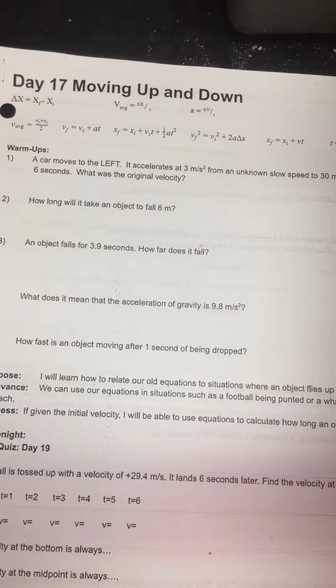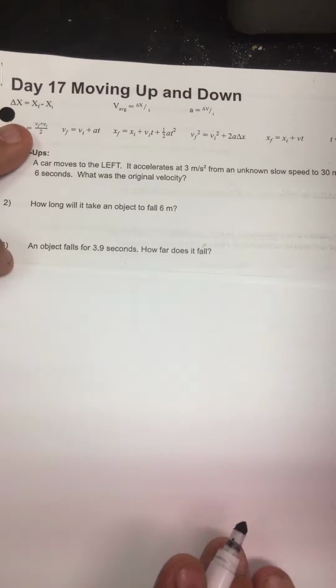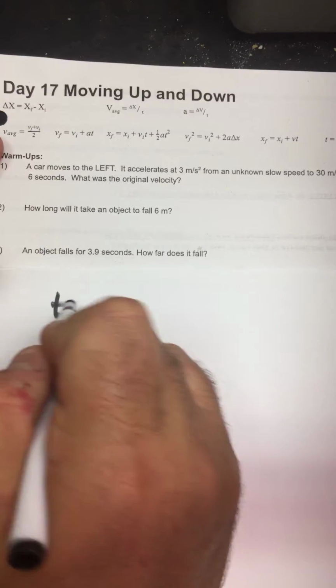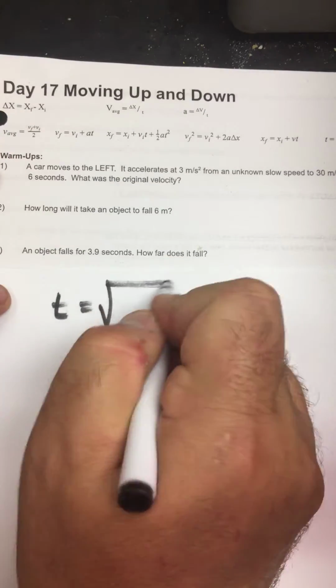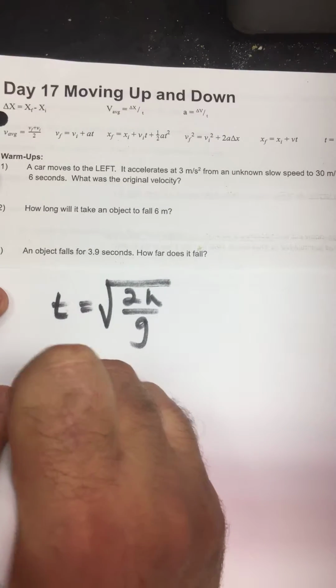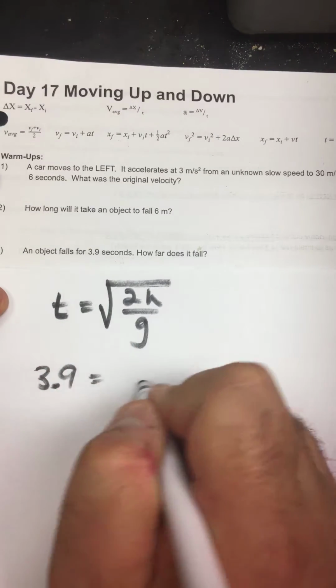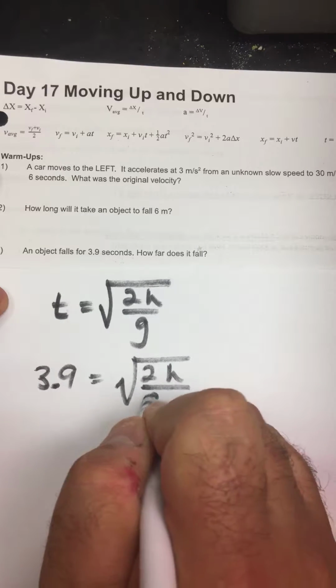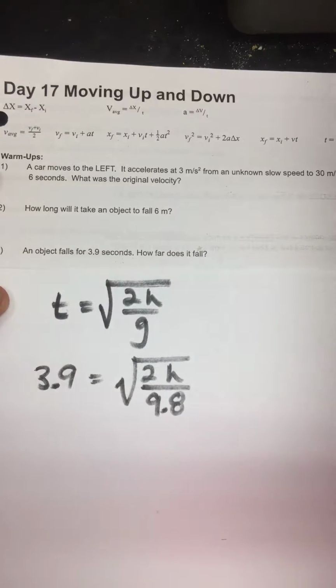Number 3. An object falls for 3.9 seconds. How far does it fall? Again, since we have falling motion here, we can use the time to fall equation. The time is 3.9 seconds. We're looking for the H. G is 9.8.